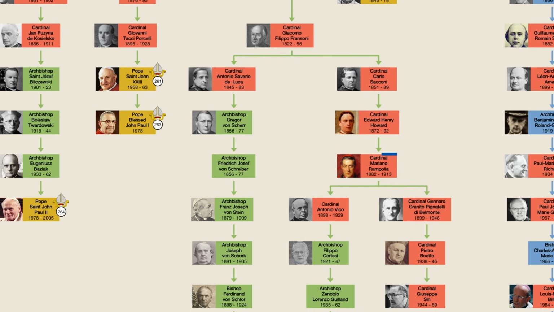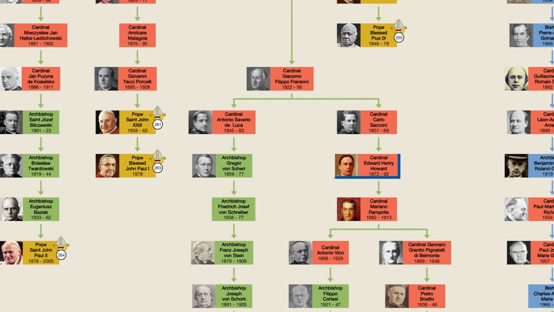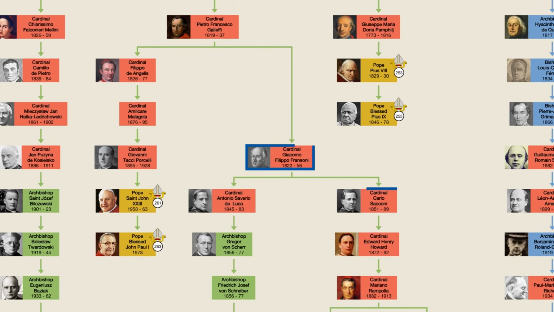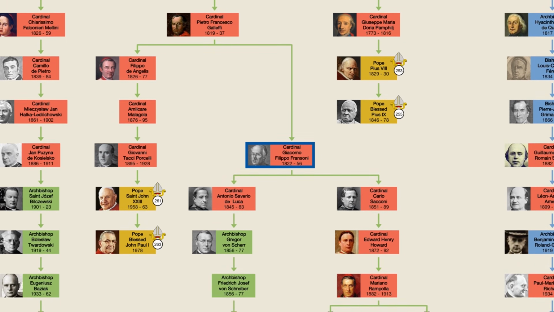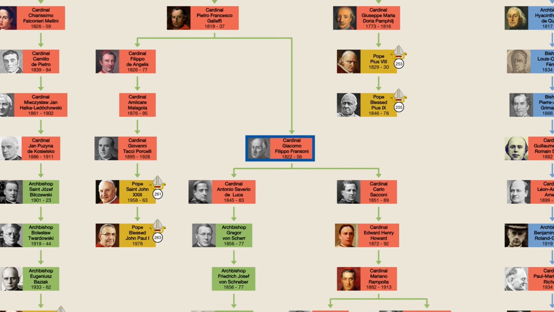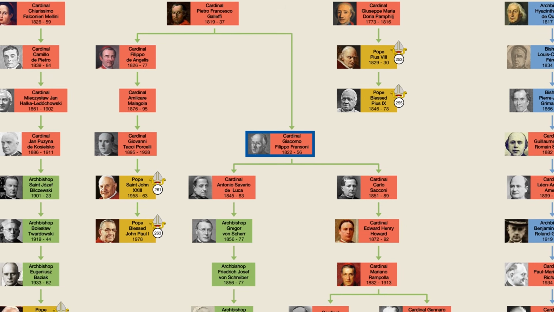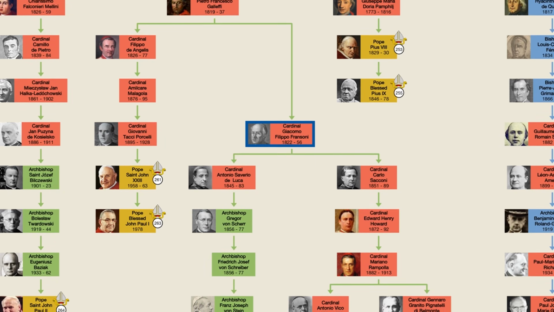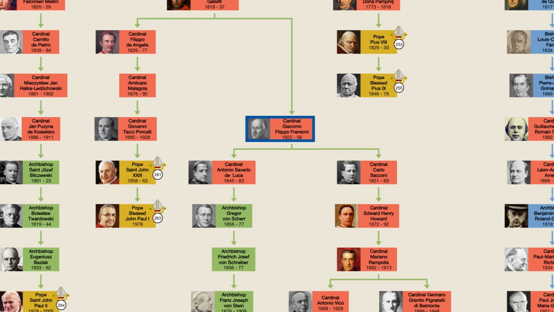Continuing up the line, we go through a British cardinal and an Italian cardinal before we reach this Italian cardinal, Giacomo Filippo Fransoni. And this is where we get the first link between 2 popes, because not only is Fransoni an episcopal ancestor of Pope Francis, he's also an episcopal ancestor of the previous pope, Pope Benedict XVI.